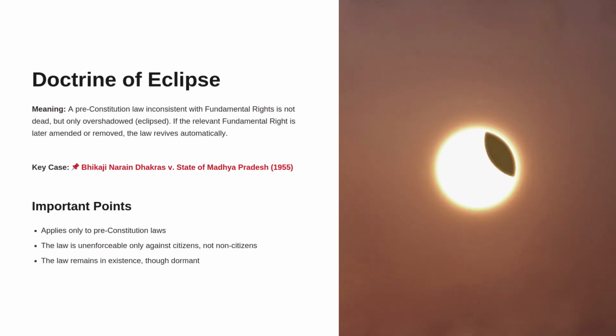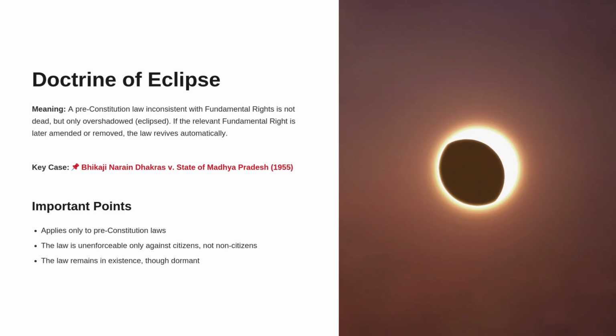Now understand this point. Suppose a fundamental right was brought into existence with the enactment of the constitution, and as per the doctrine of eclipse, there was a pre-constitutional law which now becomes inconsistent with these fundamental rights. So, it will remain dormant or overshadowed by the provisions of the constitution.